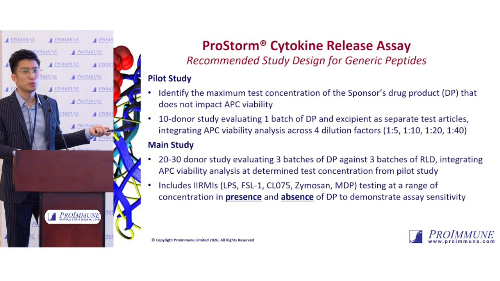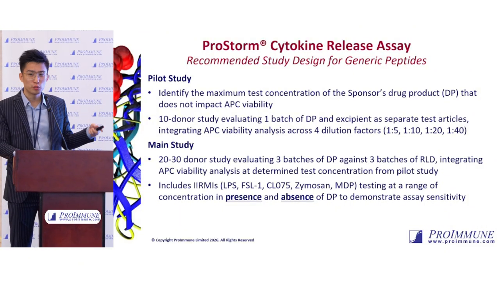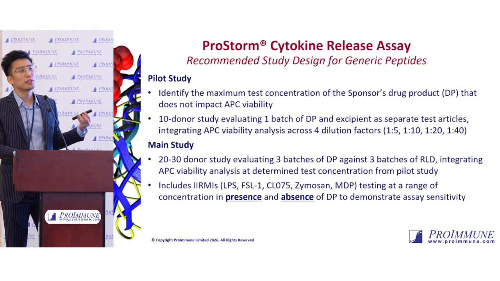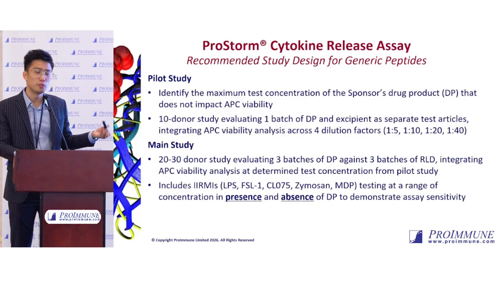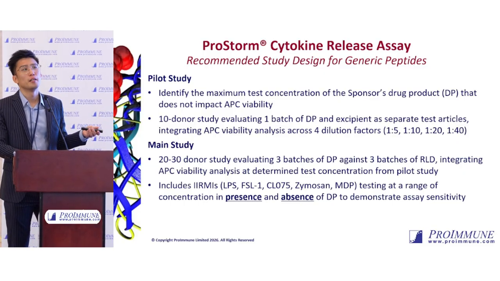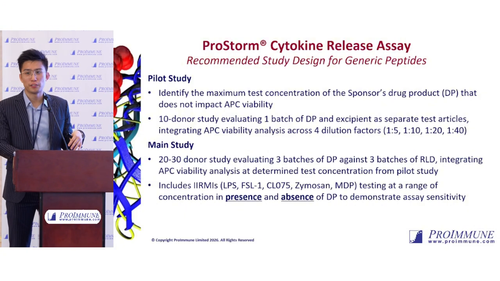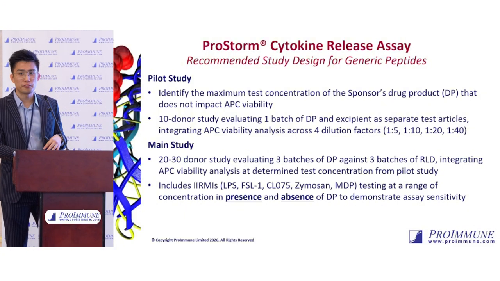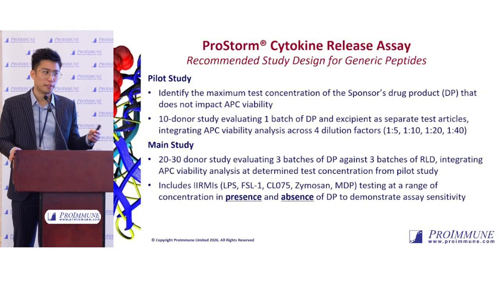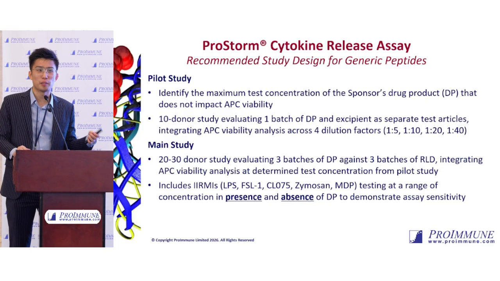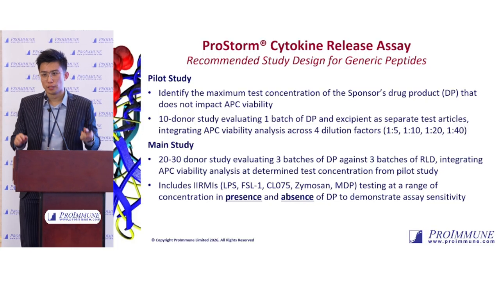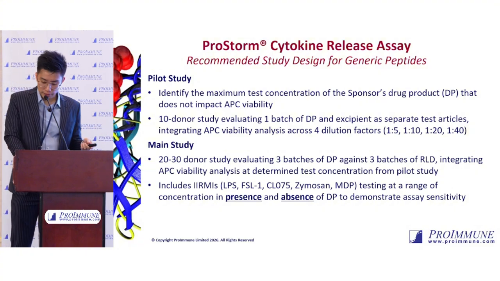Now, the presence, which means spiking these IIRMIs into the drug product, is important because the agency wants to see the interaction between the IIRMIs and the drug product itself. More importantly, does it have any suppressive effect? Because if there is any suppressive effect, you could potentially see low response as well, not because of the drug itself, but because of the IIRMI's ability to dampen that cytokine response.